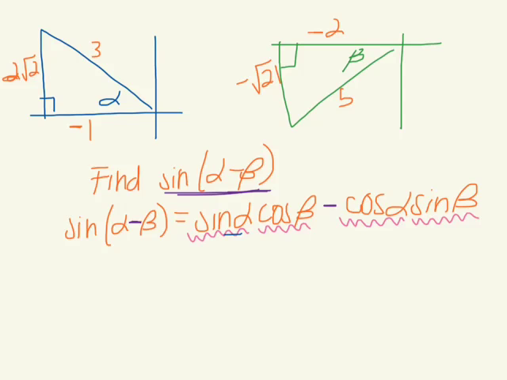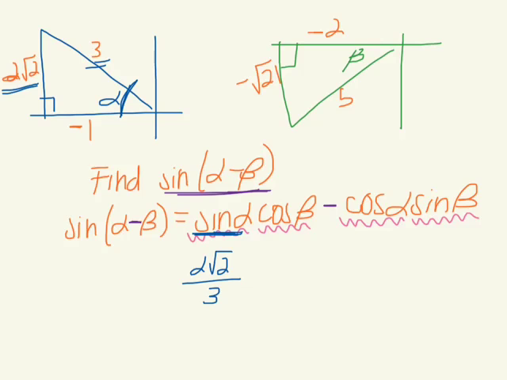So for the first one, sine of alpha, you're going to look up at the alpha triangle, and then you're going to just write what the sine ratio is. So from alpha, which is that inside angle, sine is 2 square root of 2 over the hypotenuse, which is 3.